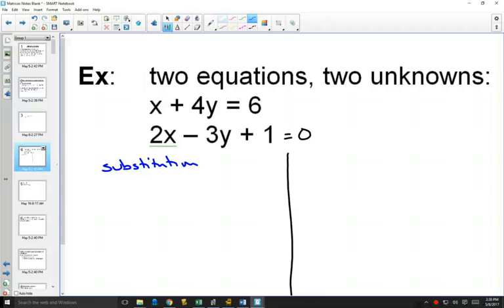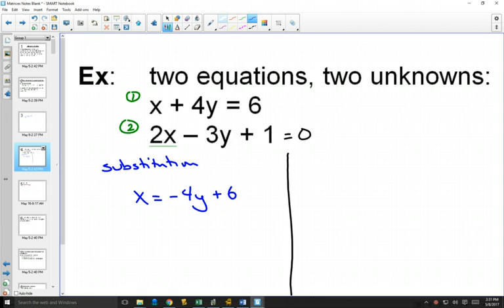Can you see that it's probably easiest to get x equals? All you would have to do is to take equation, I'll number these, I'm going to call this equation 1 and this equation 2. You take equation 1 and you move the 4y over to the other side by subtracting, and you get x by itself.